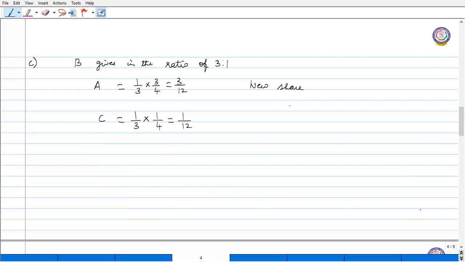Now we'll calculate the new share of A. A's old share is 4/9, and the share he acquired from B now is 3/12. So 25/36. Next C. C's old share is 2/9, and what he acquired now from B is 1/12.